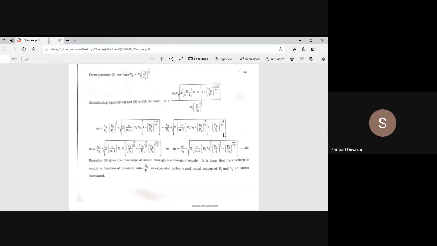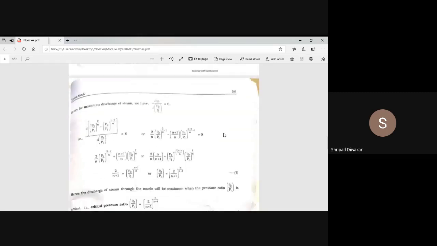So in this class I derived the expression for the maximum discharge in a nozzle, how to find out the critical pressure ratio, that is P2 by P1, that equals equation number 7. What is that? (2 divided by n plus 1) to the power of n divided by n minus 1.